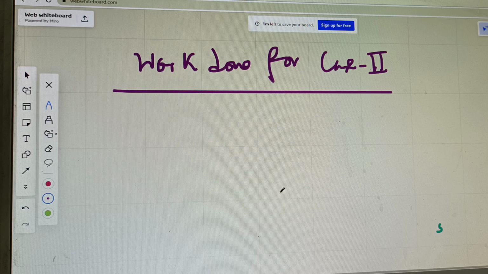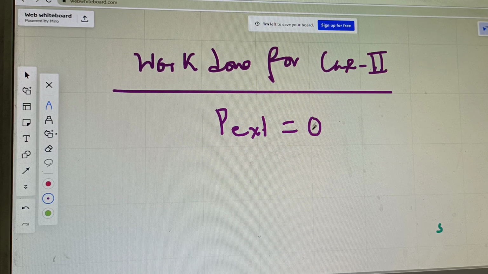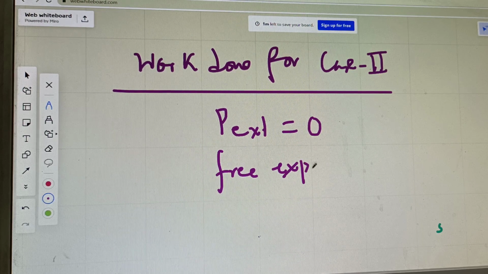So in case 2 you can see that it is adiabatic expansion against zero pressure. This is a free expansion. So adiabatic expansion against zero pressure, that is P external equal to 0. This type of expansion is called free expansion.